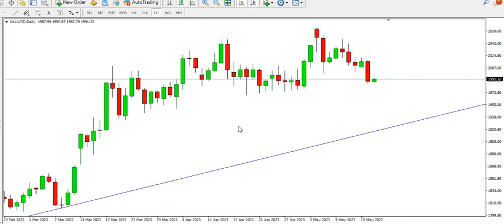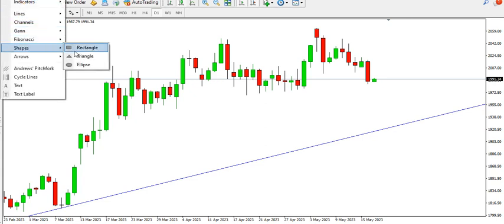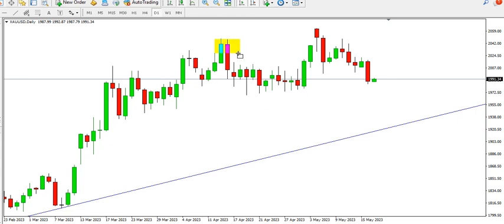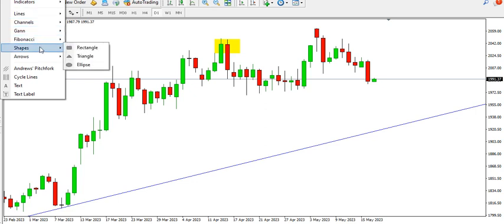but we need to take a look at what has happened in the last few days. We can see a double top on the screen. This is the left top, and this is the right top.